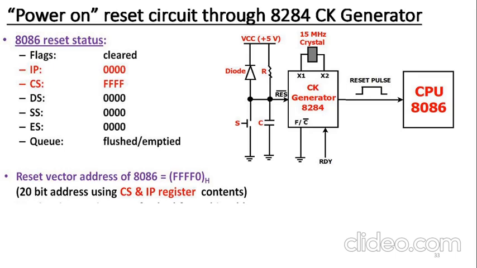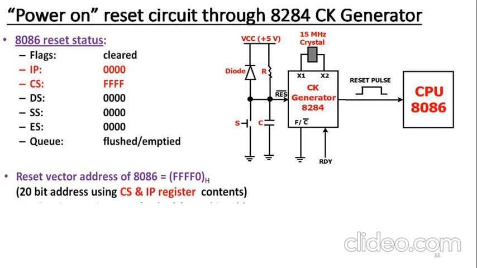Obviously RES bar voltage will go on rising now. Positive voltage goes on rising. And when RES bar becomes 1, meaning the capacitor gets sufficiently charged to be declared as logic 1, the reset pulse at the output of the clock generator ends.